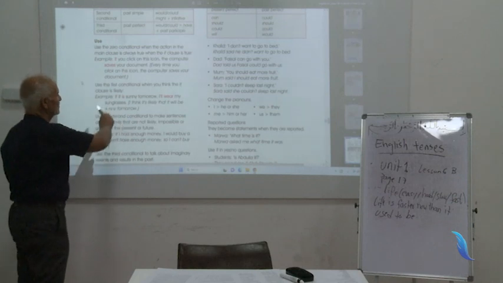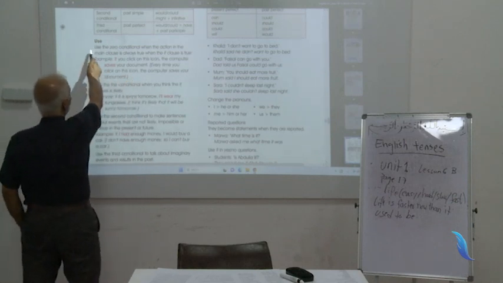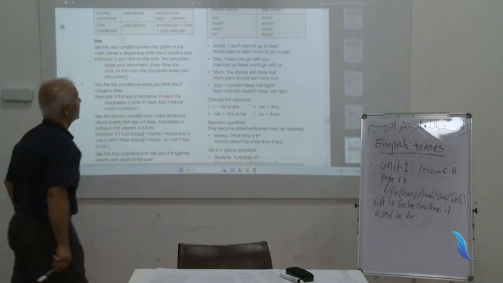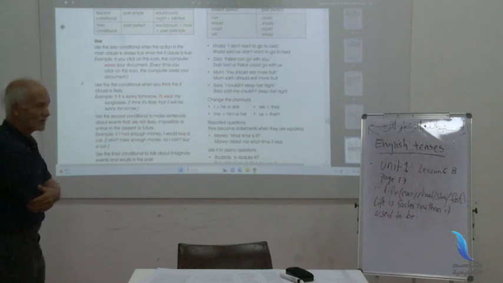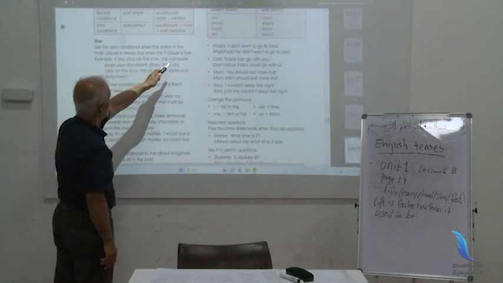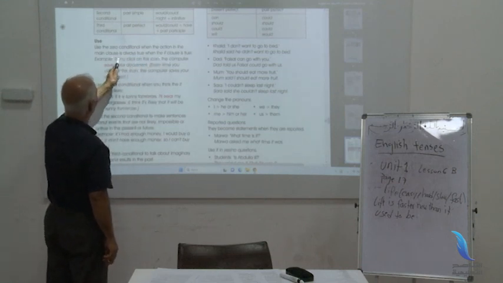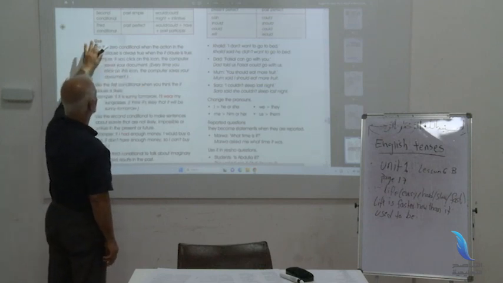Use the 0 conditional when the action in the main clause is always true. When the if clause is true and the main clause is true, we have to use 0.